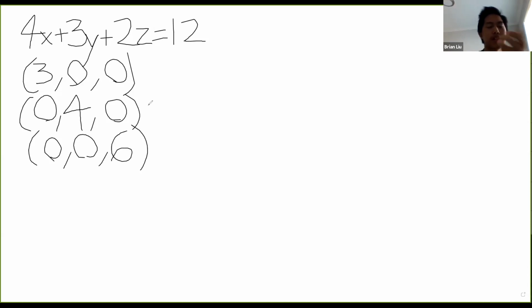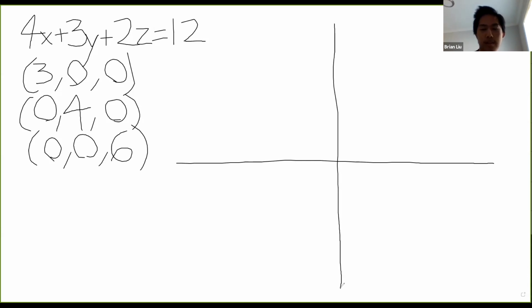Well, how do we visualize this though? So we started out with just a one variable equation, 4x equals 12. And for the one variable equation, we just drew it on a horizontal line. And then we had 4x plus 3y equals 12. And for an equation in 2 variables, we drew it on a plane. Now we have 3 variables, 4x plus 3y plus 2z.